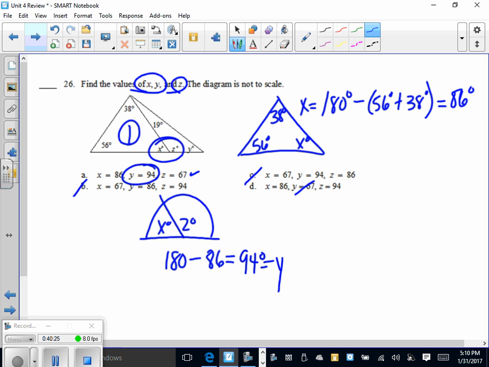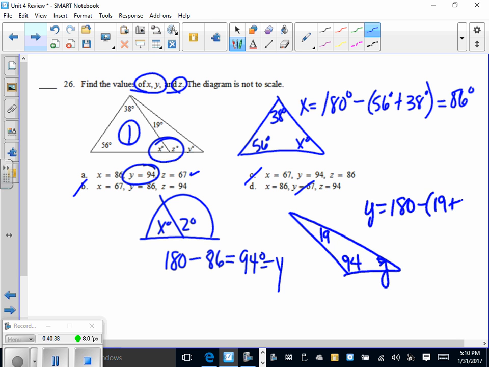But if you want to know Z, you have this big triangle. Here we now know this is 94. We know this is 19, and we want to know what Y is. So Y is 180 minus 19 plus 94, and you should get 67. Oh, I did this backwards.